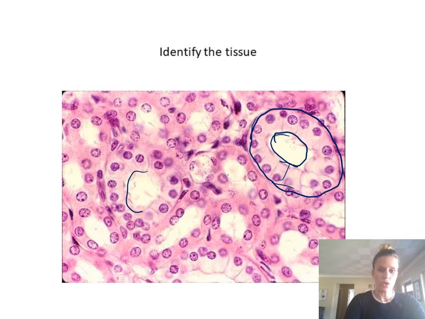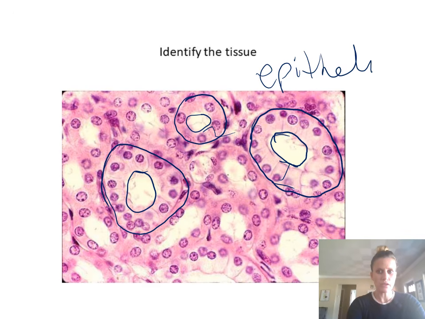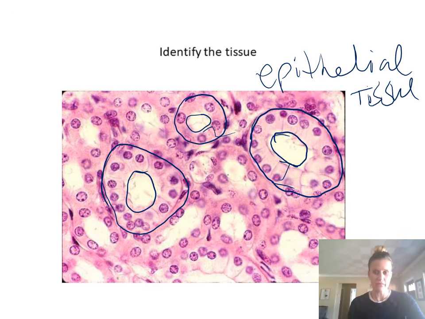Again, over here, an open area, and it's lined by this layer of tissue. Because this tissue is lining an open space, I know it is epithelial tissue. I just need to know what kind of epithelial tissue. Again, first we look at how many layers of cells.